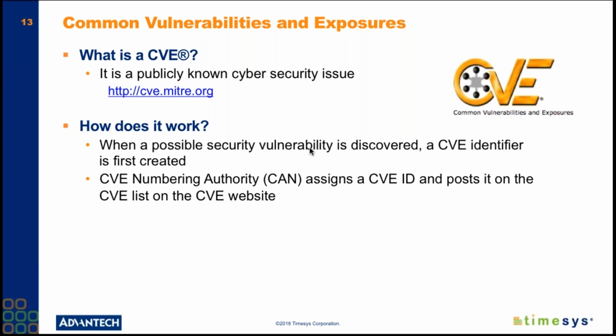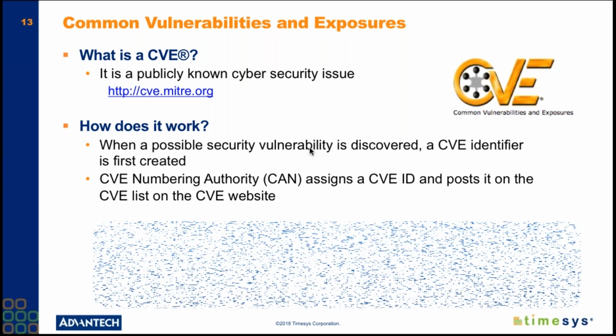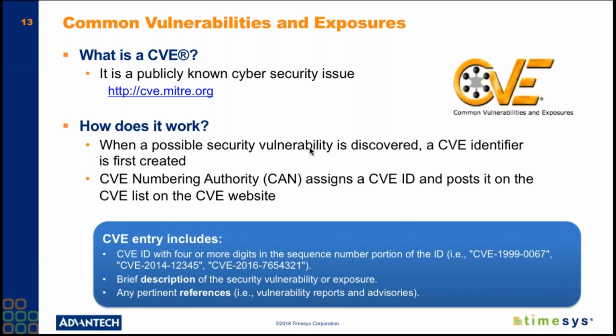And then there is an organization, the CVE Numbering Authority, that assigns the CVE ID and posts that particular CVE on a CVE list on a CVE website. Every single CVE entry includes a unique identifier for the CVE. There's typically a year that follows the CVE letters, and then there's a unique number.